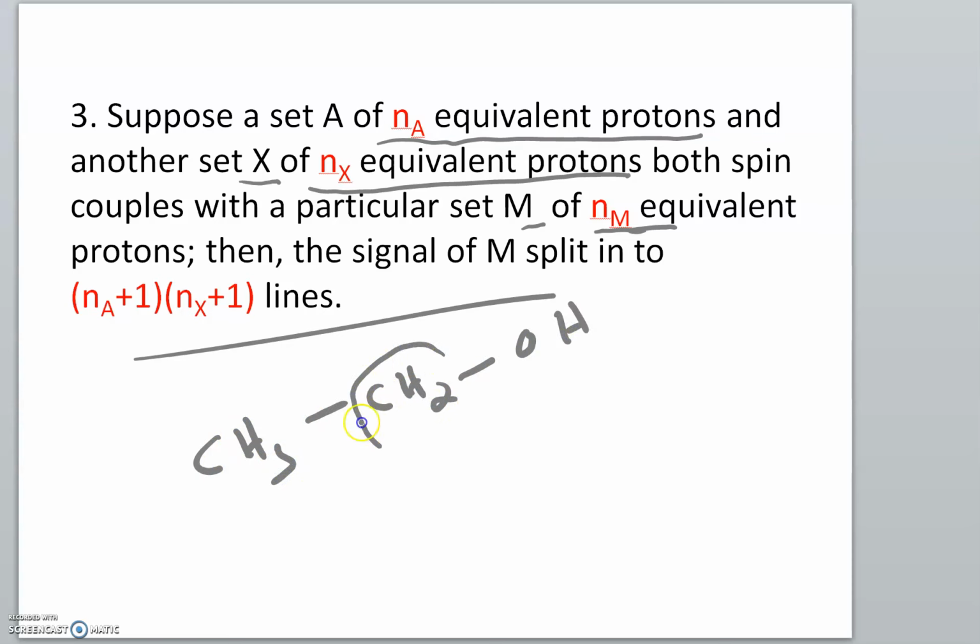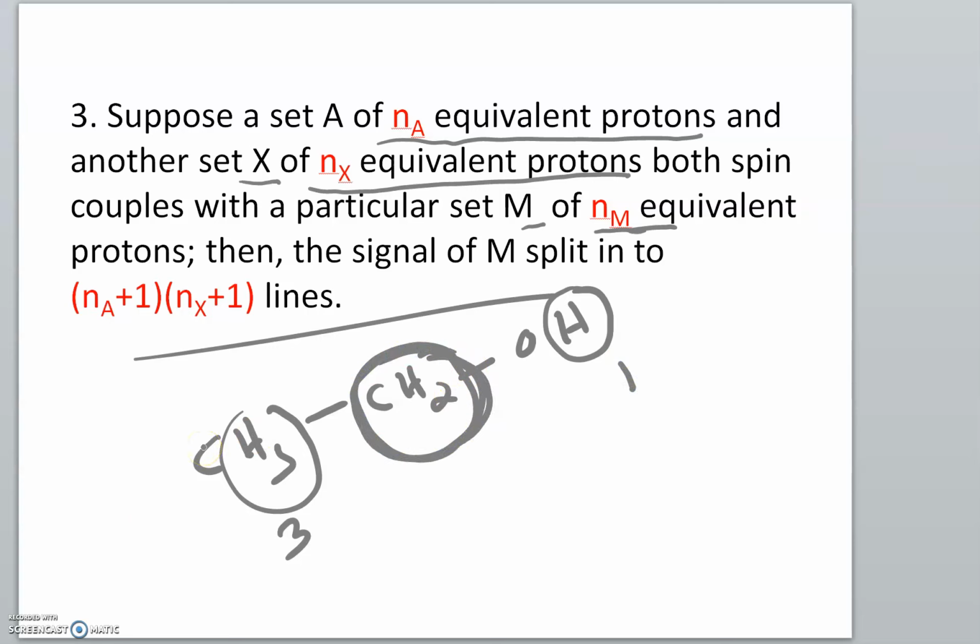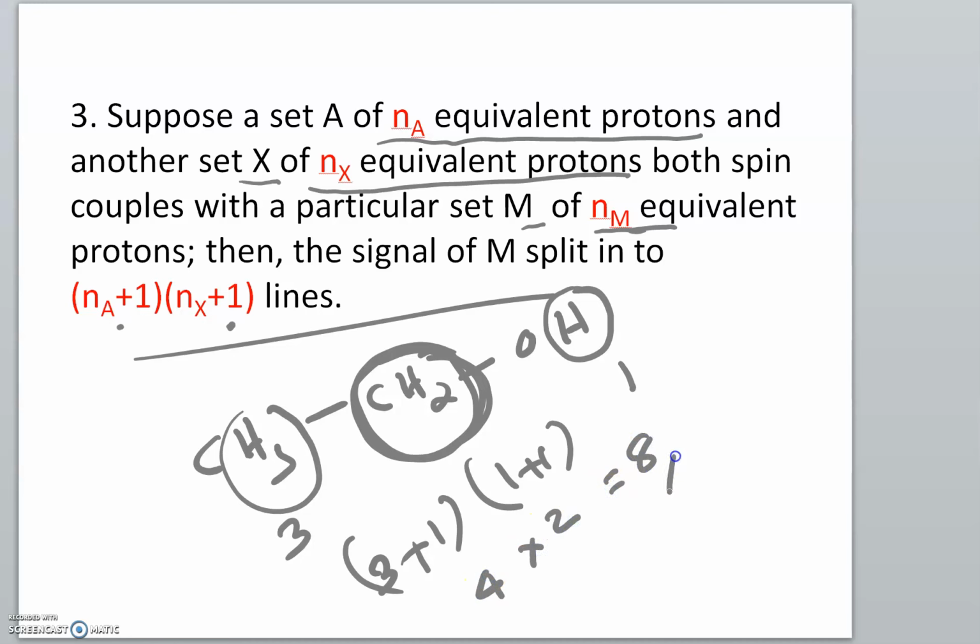That is, this CH2 proton spin couples with this CH3 and this OH. Okay, that is, there are 3 protons here and 1 proton here. Therefore, this line of CH2, the field or the frequency of CH2 splits, according to this rule, (Na+1) times (Nx+1), that is (3+1) times (1+1), that is 4 times 2, that is it splits into 8.